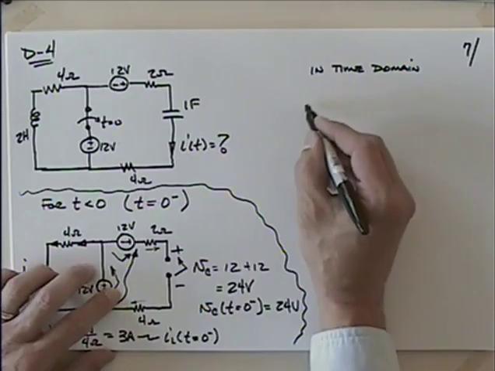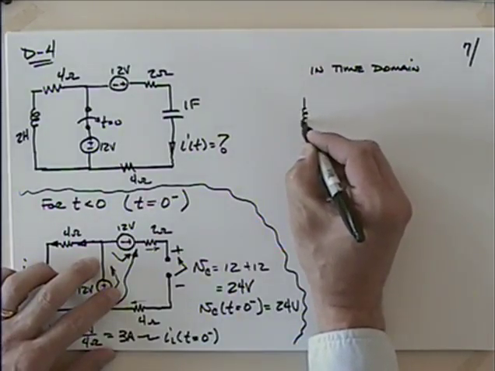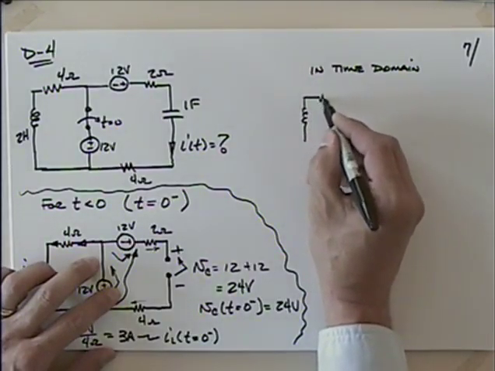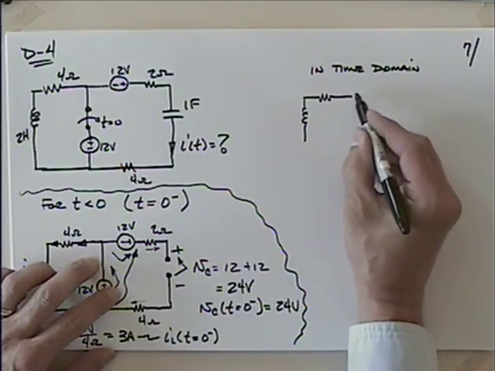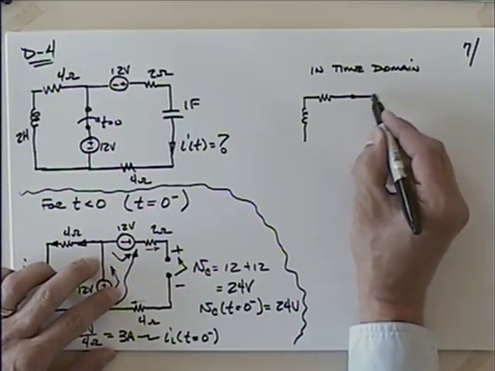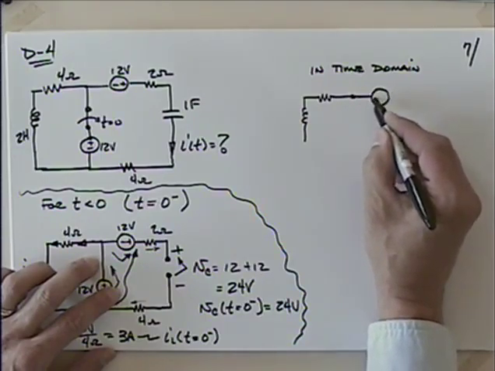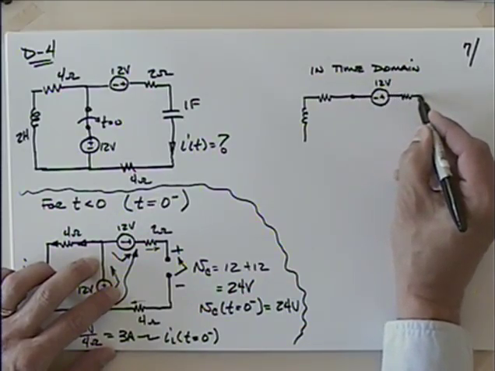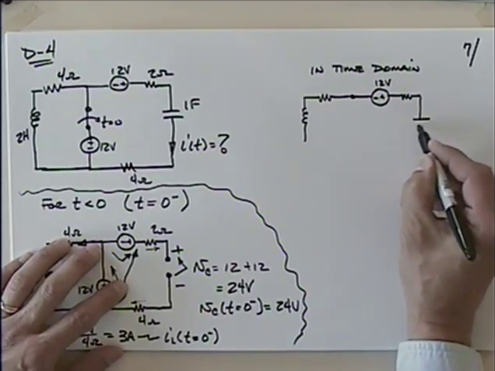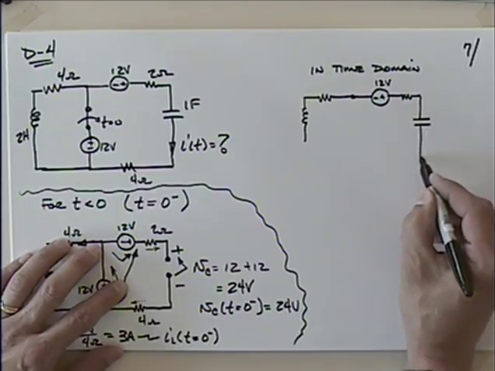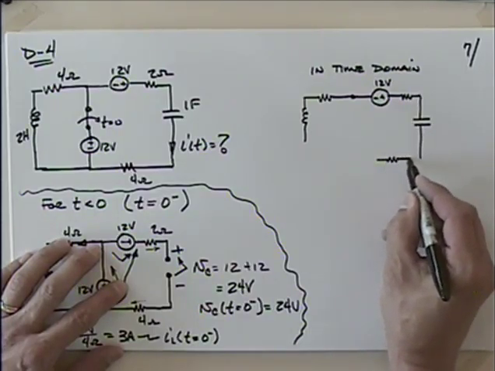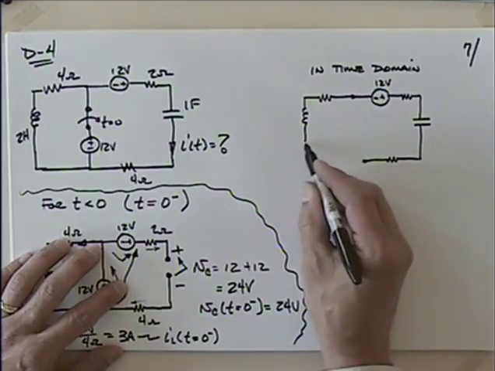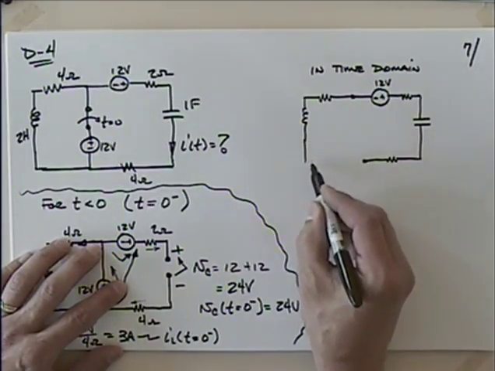So I'm left with an inductor, a resistor, and then this voltage source here, another resistor, a cap, another resistor, and this thing just comes around, right?